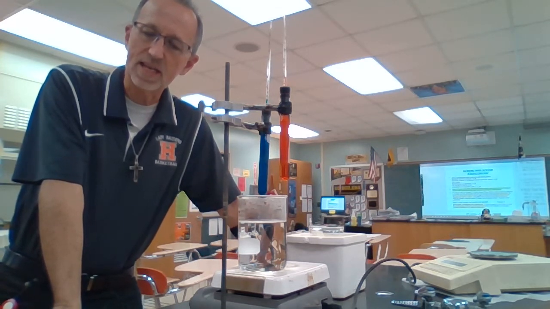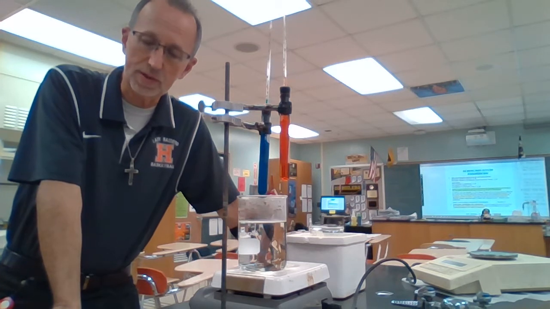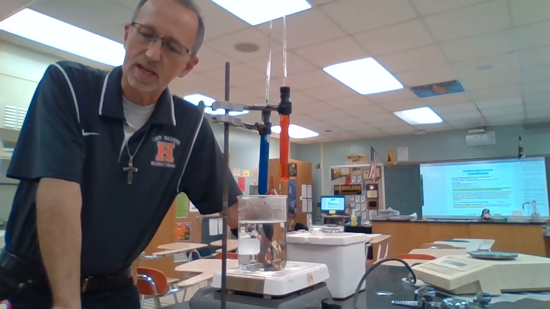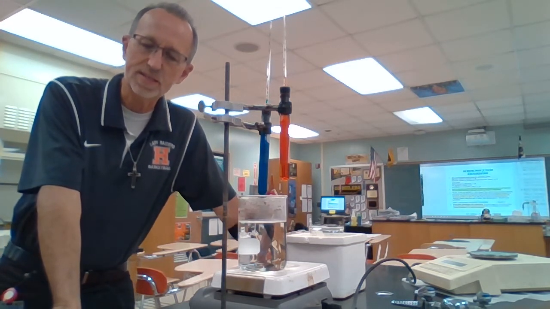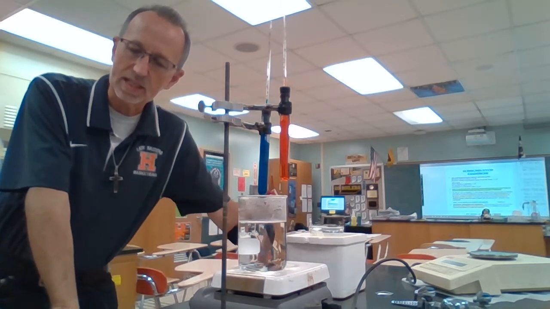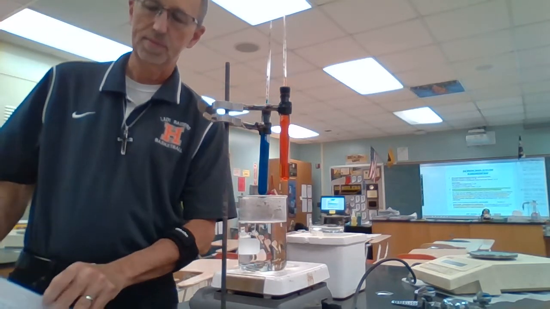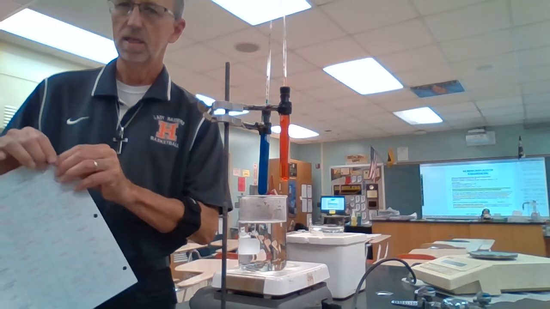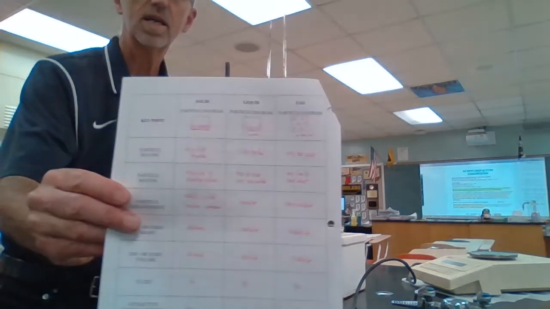On the back of this handout, you will write down a few key points about each phase of matter, solid, liquid, gas, and illustrate each with a particle diagram. So basically then, you were to have this done right here.